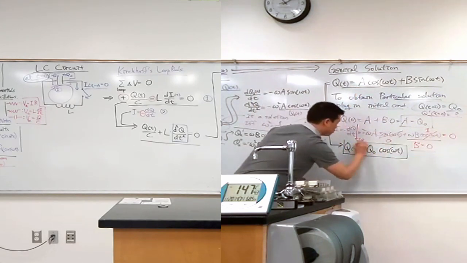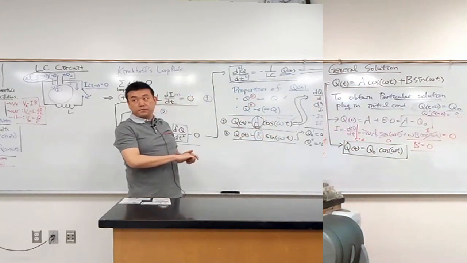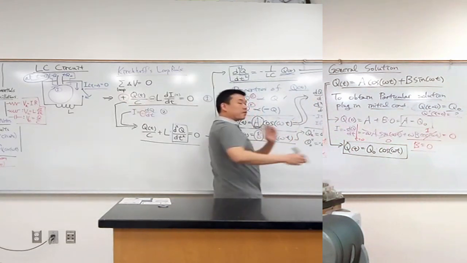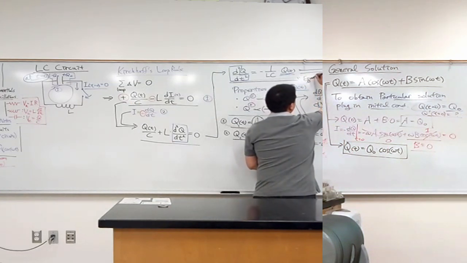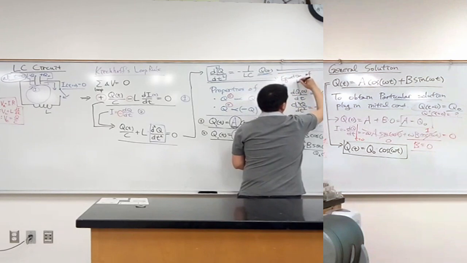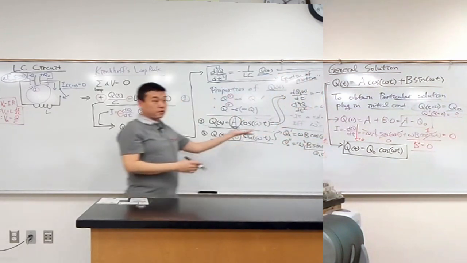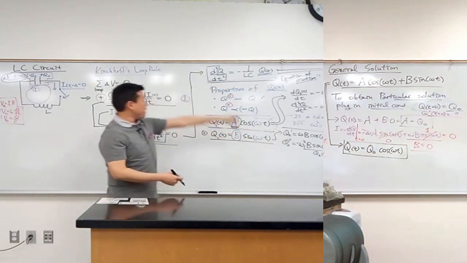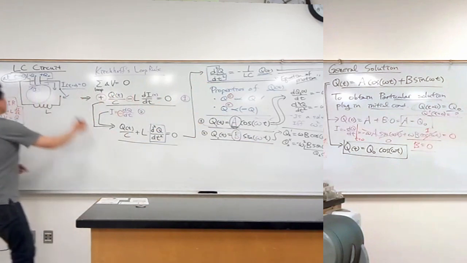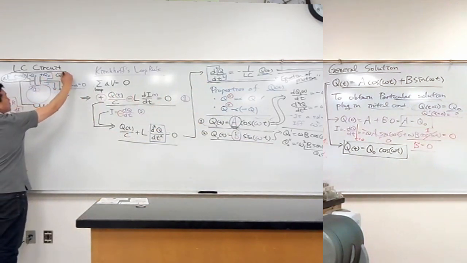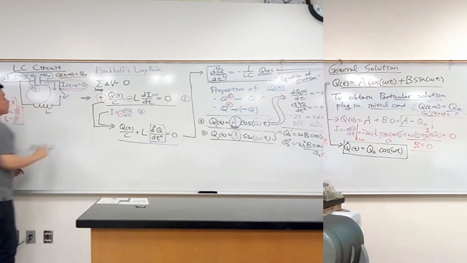This is the solution to this differential equation, which, if you look up what was covered in physics 4A, was called the equation of motion. And what we are working with right now is the circuit analogy of the equation of motion. So that satisfies this equation of motion, while at the same time satisfying these initial conditions. Q of t equals 0 is Q naught, and current is 0 at time equals 0.